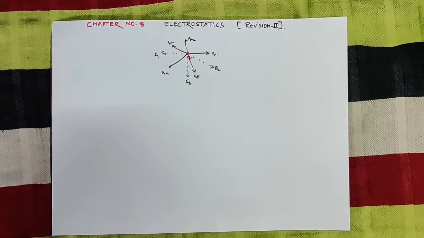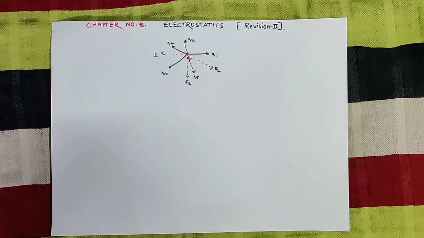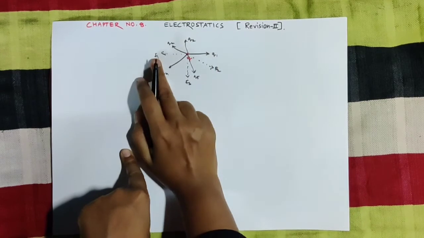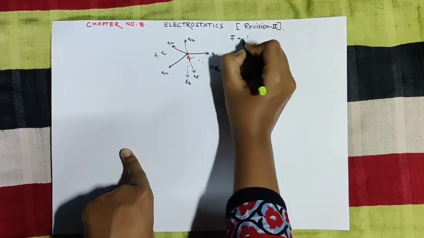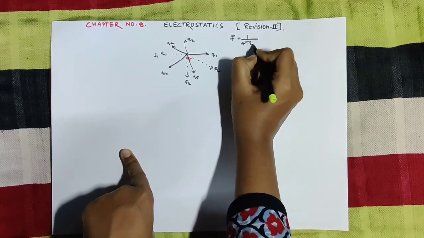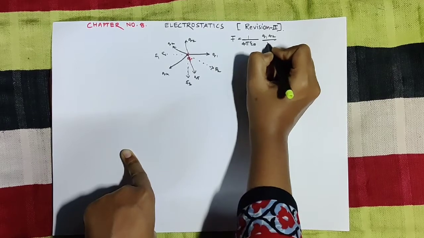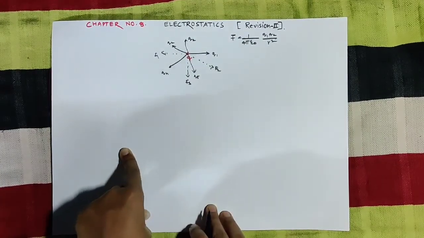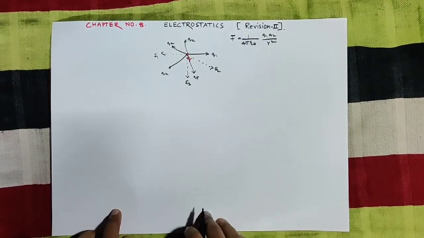So suppose we consider a number of charges and apply Coulomb's law on each charge; then in terms of charge Q1 the force F1 is represented. First we know that F is equal to 1 upon 4 pi epsilon naught Q1 Q2 upon R square. This is our definition of Coulomb's law in terms of two charges. So here we are starting from charge Q1.